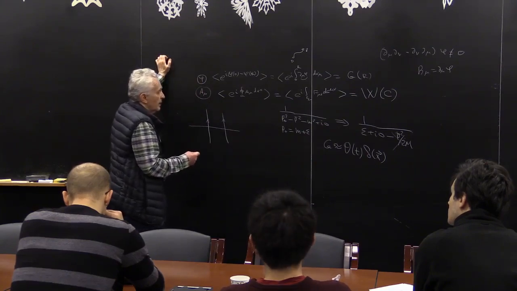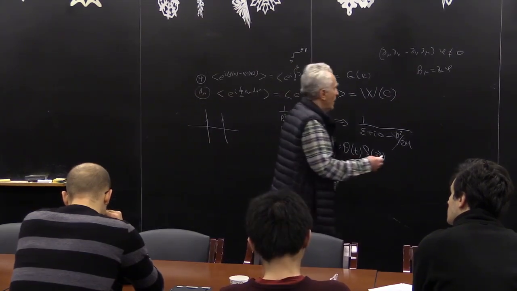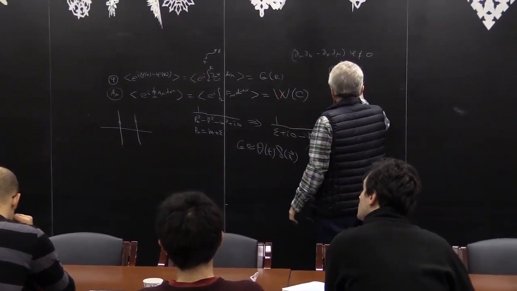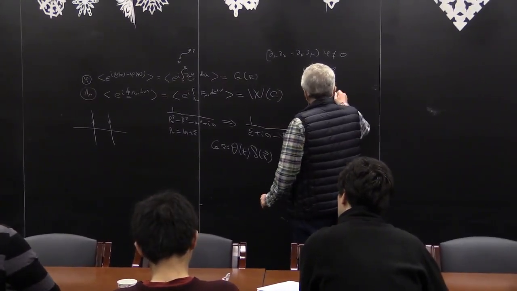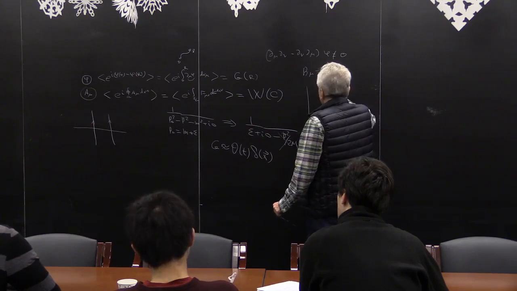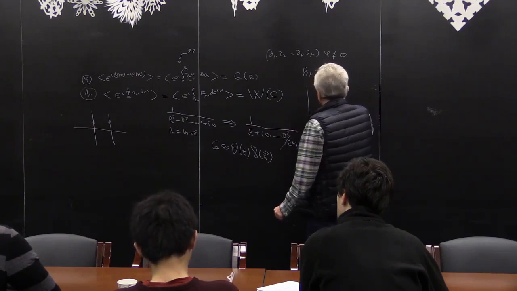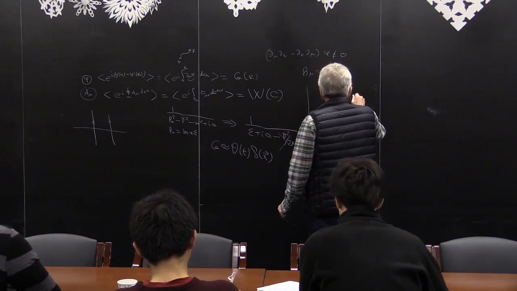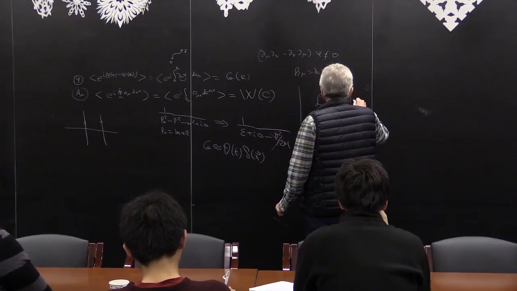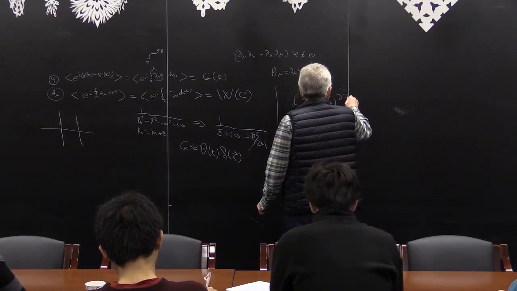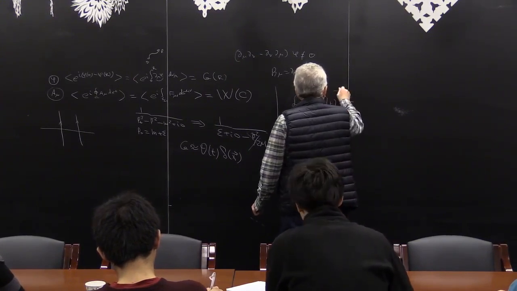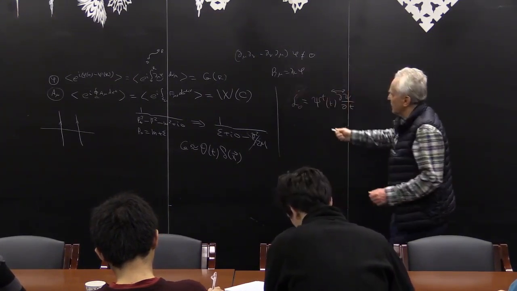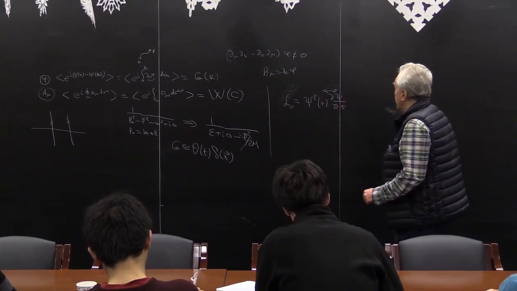So these are static particles, and you can describe them, we will need this, by introducing the field for a static particle. The Lagrangian corresponding to this propagator will be simply psi dagger of t d psi dt. That would give you the Green function like that.